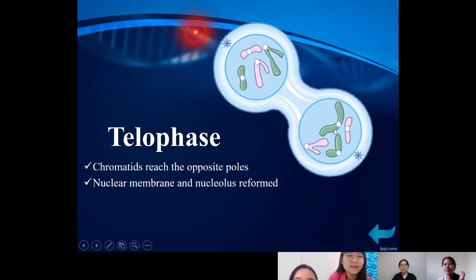Sorry. No. The correct answer: these two cells are not fully separated. It's not fully divided. But why are these two cells not fully divided, since there are already two nuclei there? There is still a process to undergo.